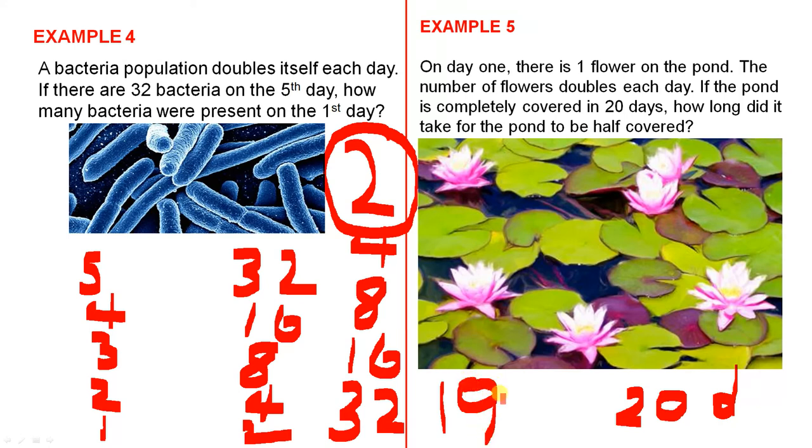Given that from here to here, the pond doubles in size. In other words, if you go back to day 19, which is 1 day earlier, the pond is half the size. So the answer is 19. That's a little bit tricky, because it doubles itself every day. So 1 day before, it must have been half the size, so the answer is 19. So there are some great examples of how you can work in reverse to solve some problems.